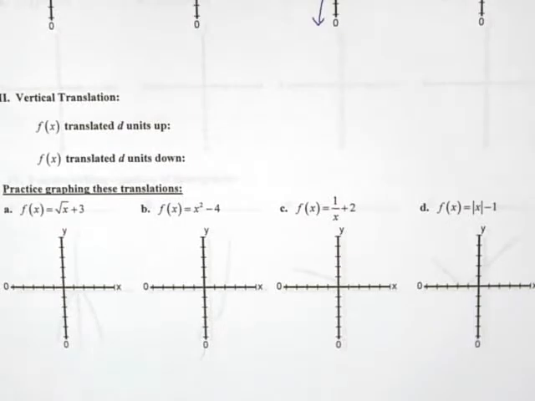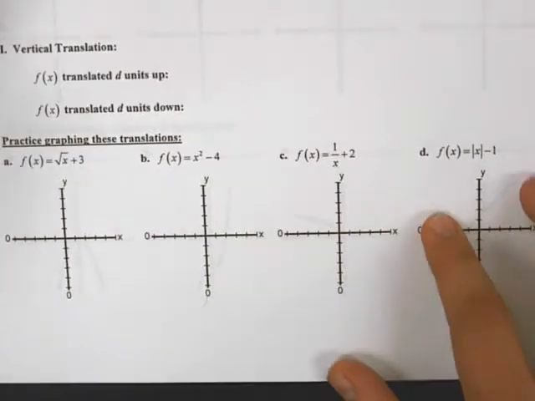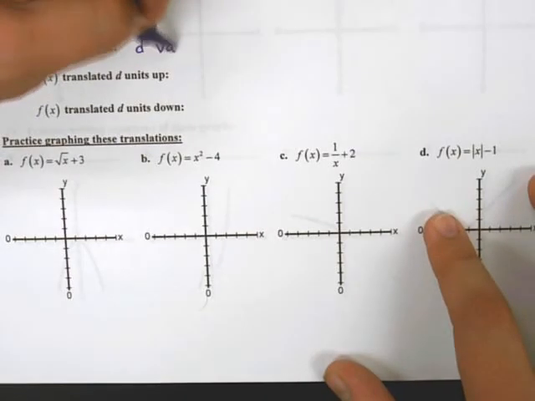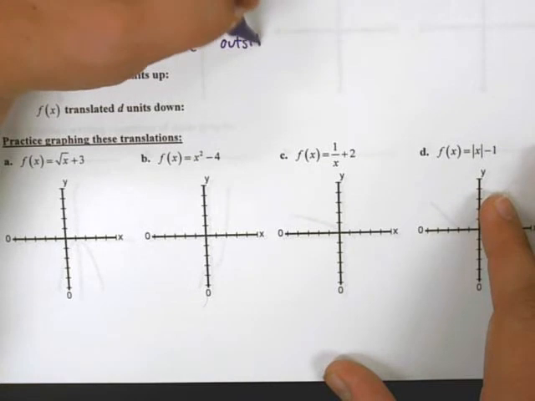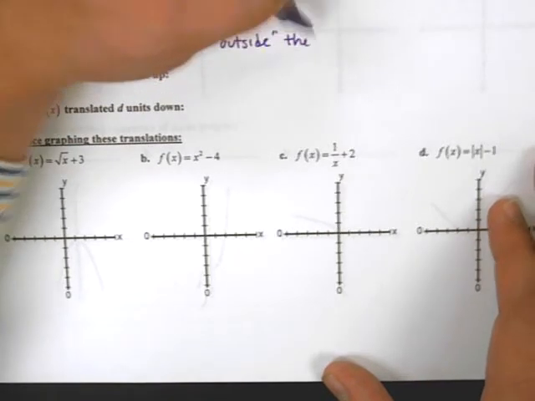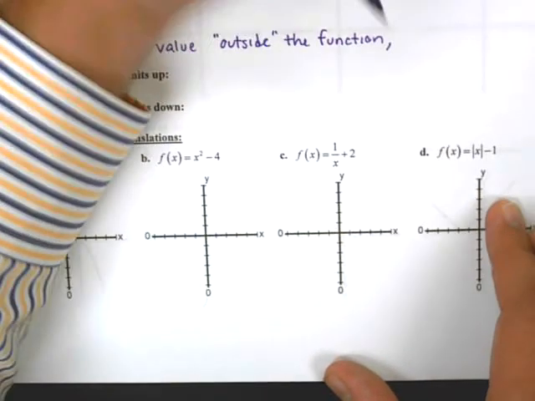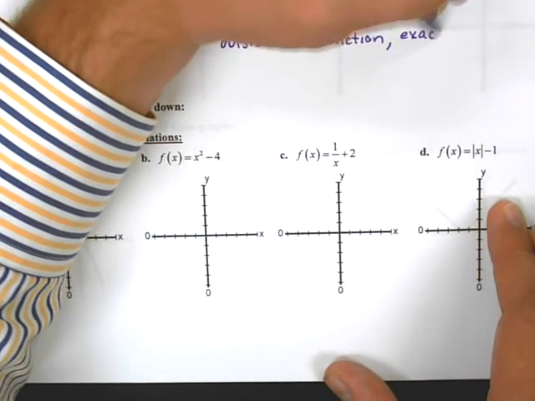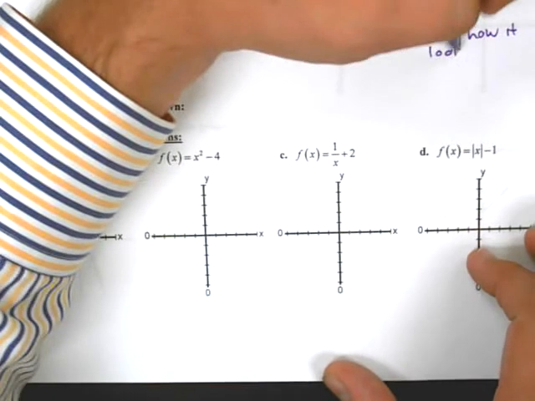Vertical translation is a little different. Okay, when we talk about the vertical translation, we're looking for a d value. And this one is going to be outside the function. Okay, outside the function. And guys, this one is exactly how it looks. Exactly how it looks.